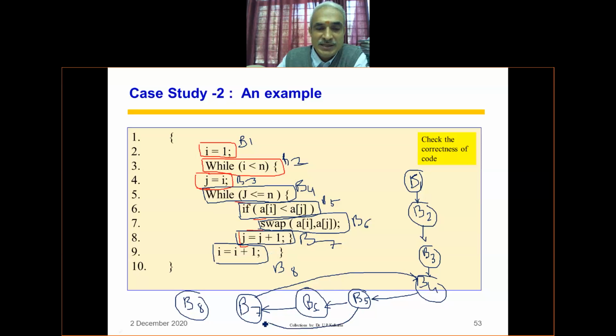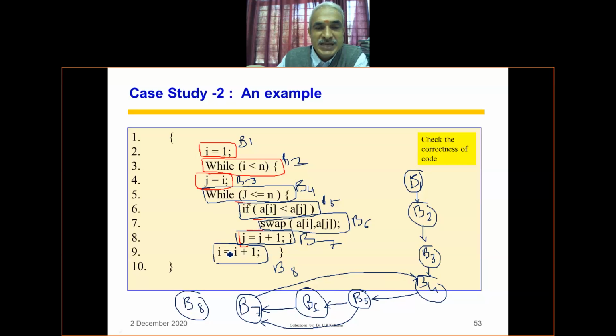Do you agree? Arpita, Manoj, sorry, Ashish? Yes, sir. Based on that, you need to draw the jumps and all. Then B7, if it is executed, B7 is a loop. From B4, if this fails, you directly come to B8, am I right?